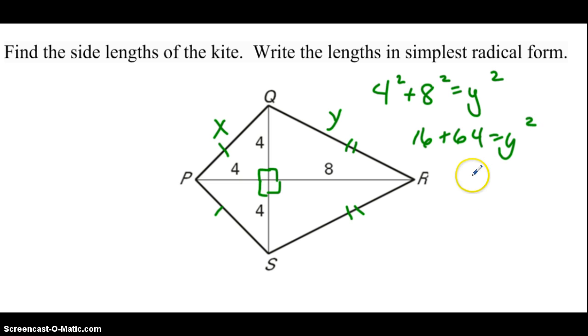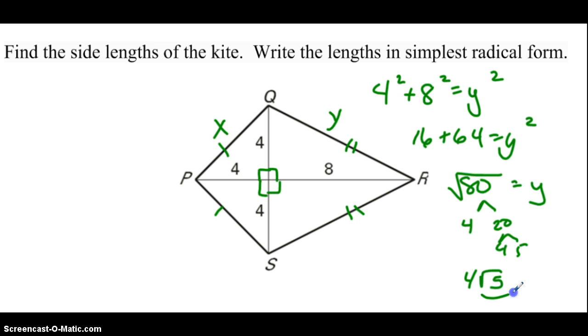They did ask us to leave it in simplest radical form, so we're going to be looking at the square root of 80. And if we simplify the square root of 80, what is that? That's 4 and 20, and this is 4 and 5, so it's 4 root 5. So QR is 4 root 5, which is also SR, 4 root 5.